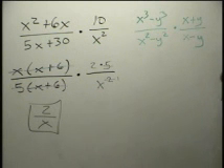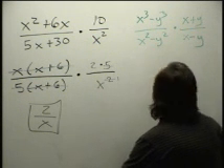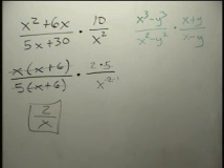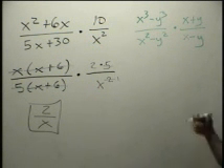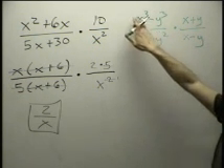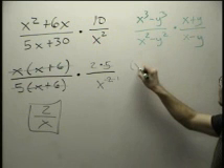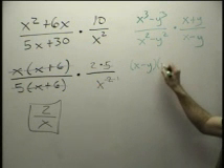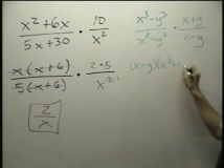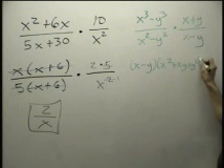Now this one, we'll do the same thing. We've got x cubed minus y cubed over x squared minus y squared times x plus y over x minus y. Factor the first numerator. It's a difference of cubes. So it's going to be x minus y times x squared plus xy plus y squared.